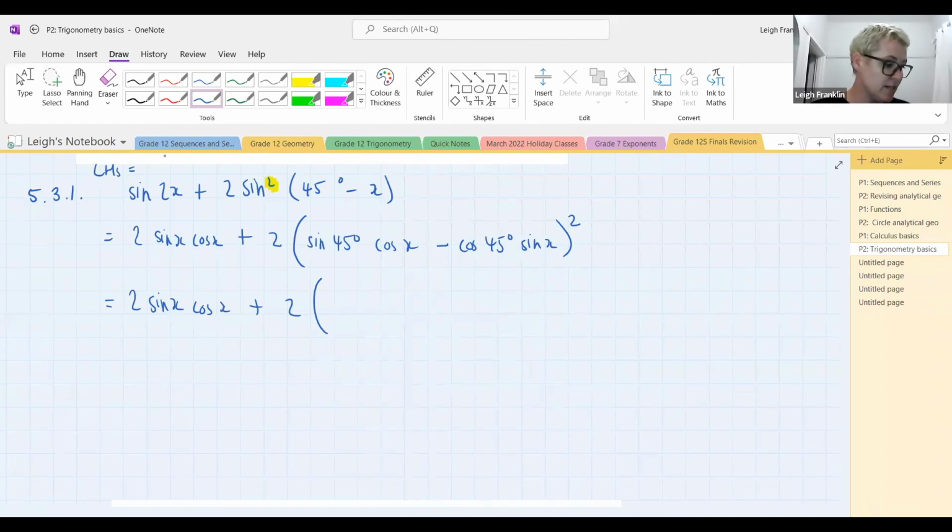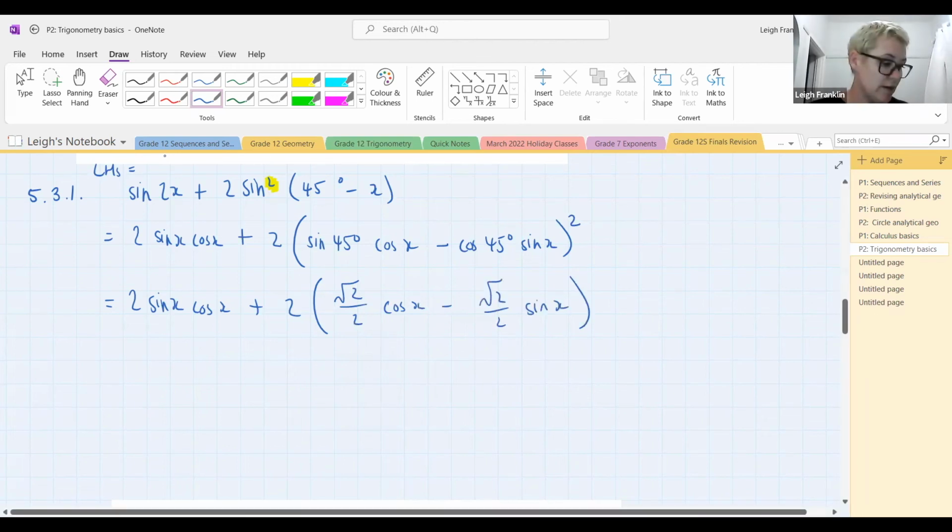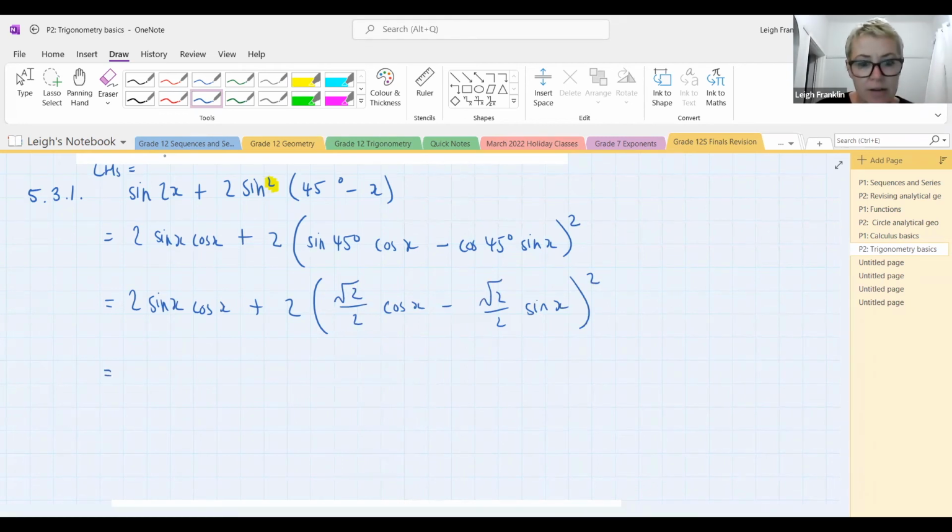45 is root 2 over 2, isn't it? And as is the cos of 45. So I've got root 2 over 2 cos x minus root 2 over 2 sine x, which now has to be squared. What I can do here is factorize out the root 2 over 2.